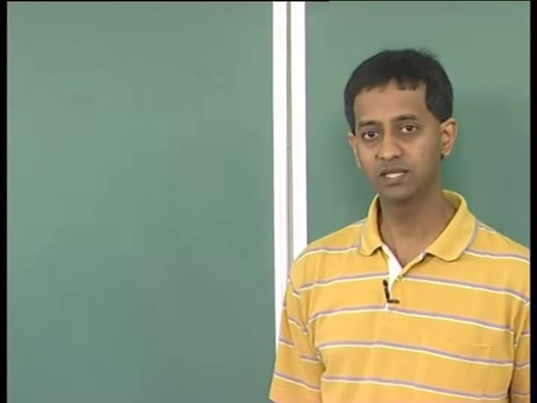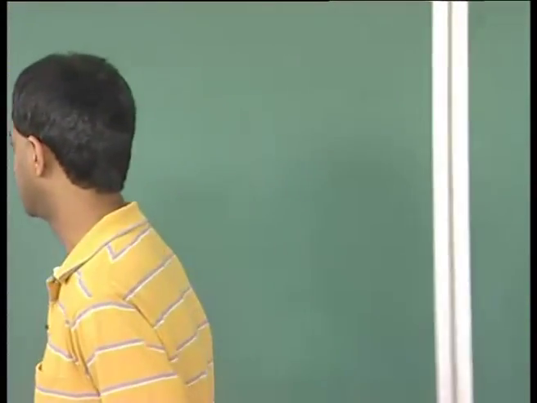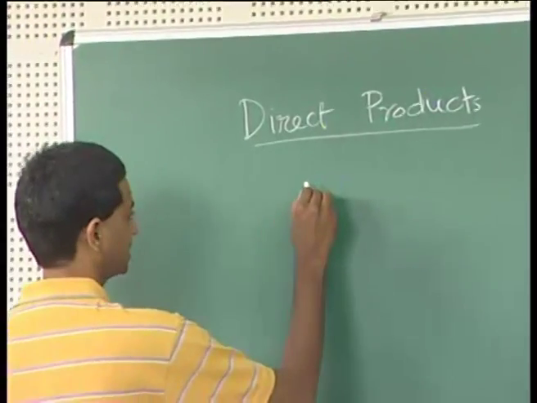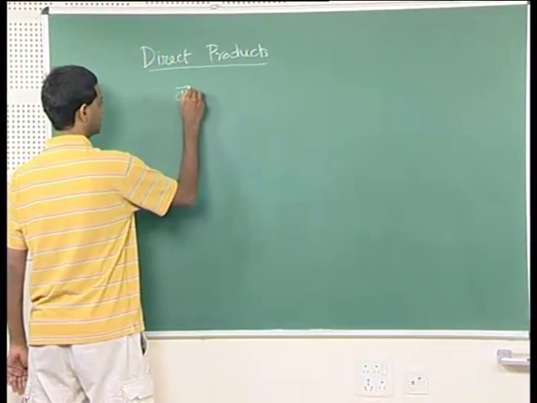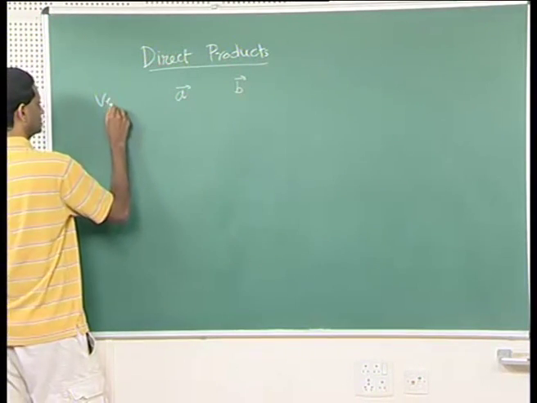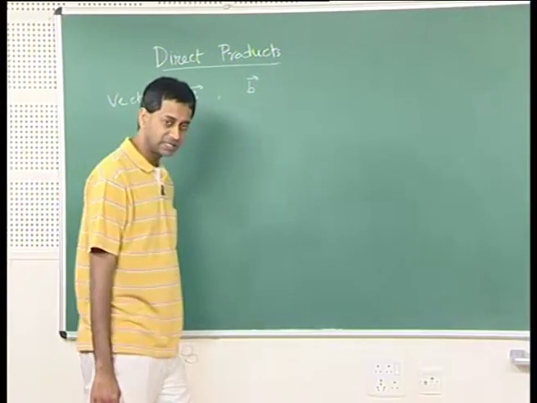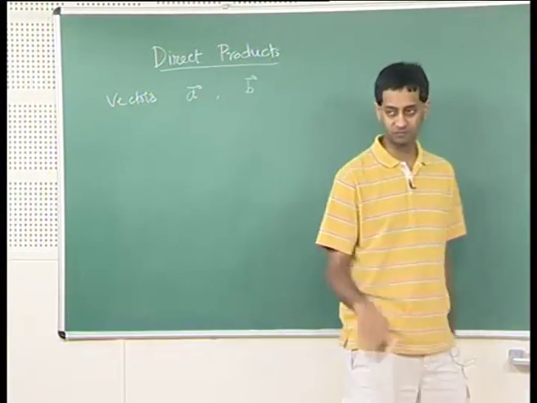In order to do this, I am going to introduce something called the direct products. This is something we touched upon when we were doing products of vectors. If you remember, if you have two vectors A and B, there are different ways to take products of vectors.